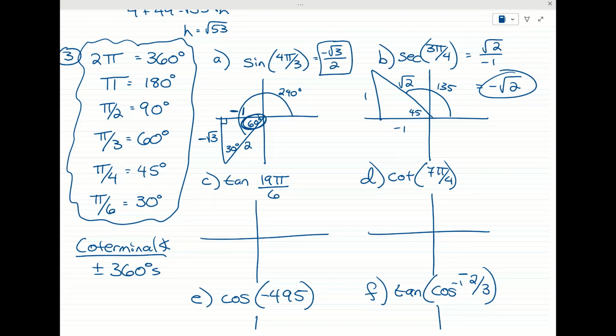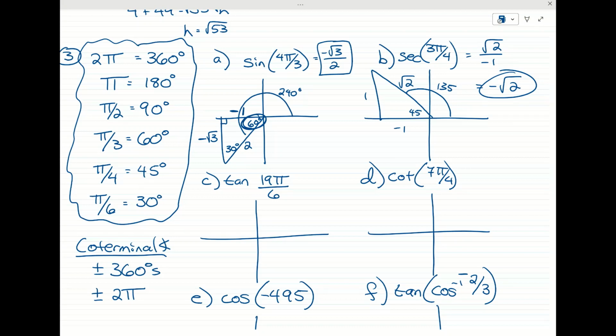Let's kind of ease into the next problem. 19 pi over 6 is a huge number. So let's start with 7 pi over 4. A couple different ways we can handle this. One thing we could do is add or subtract 360, which is the same thing as adding or subtracting 2 pi. So we have 7 pi over 4.